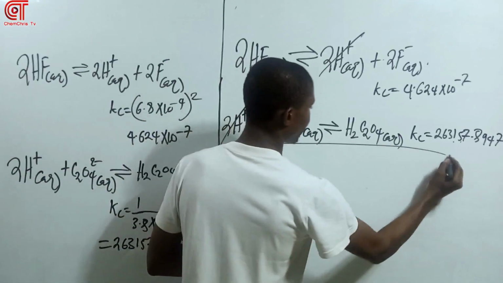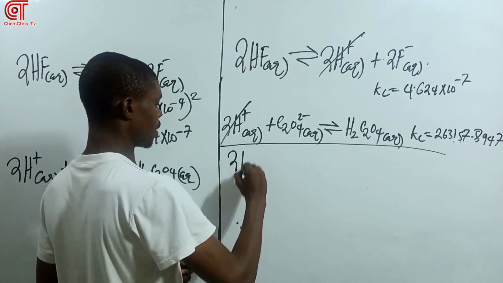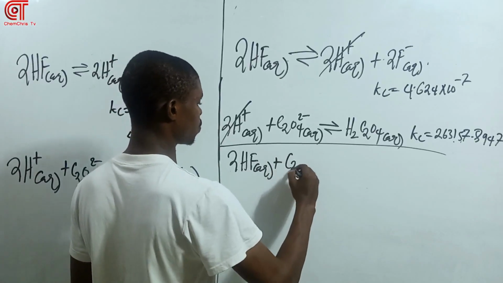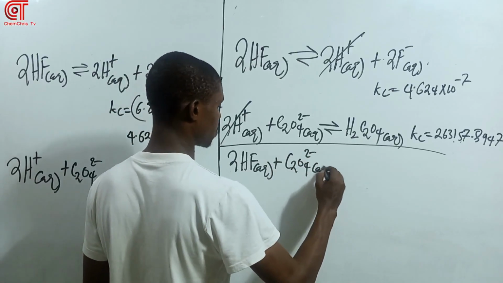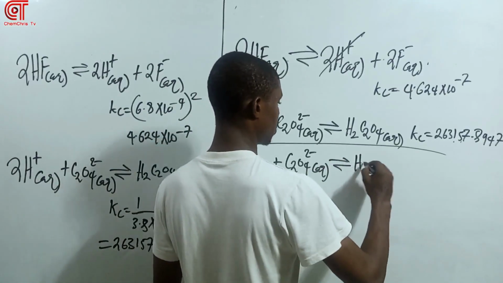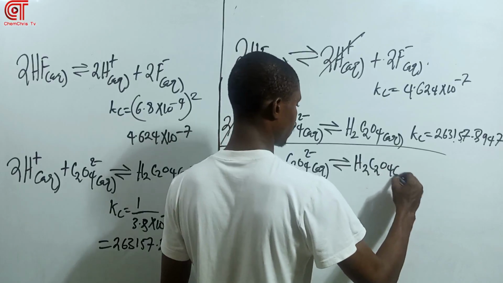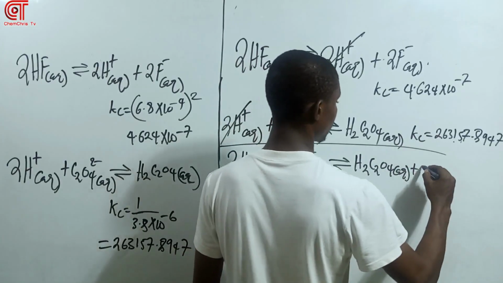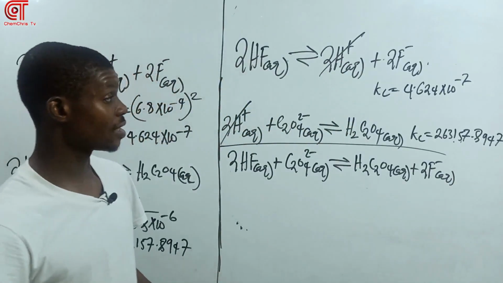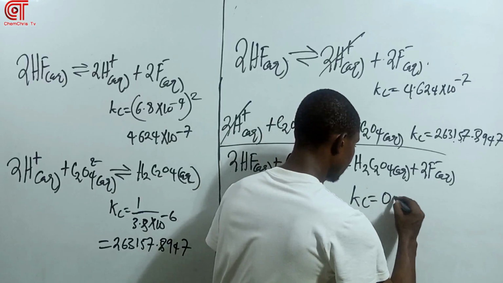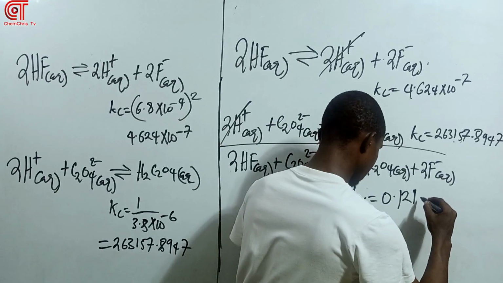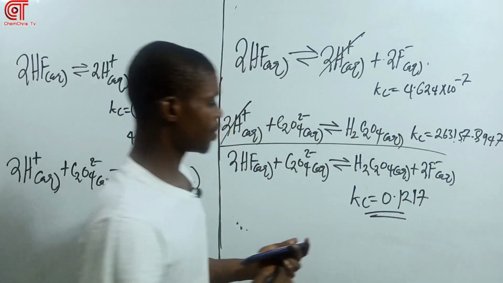So in my final reaction here, you get 2HF aqueous plus C2O4 2 minus aqueous, then you have H2C2O4 aqueous plus 2F minus aqueous. So what will be my final K? Final K: 0.1217. So that will be the answer.